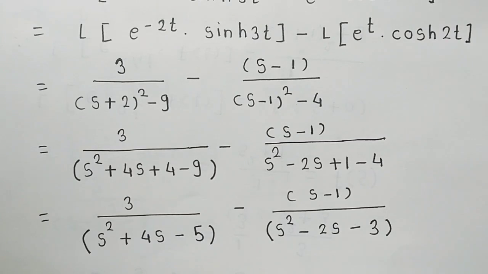After simplification, we get the answer 3 upon s square plus 4s minus 5 minus s minus 1 upon s square minus 2s minus 3.